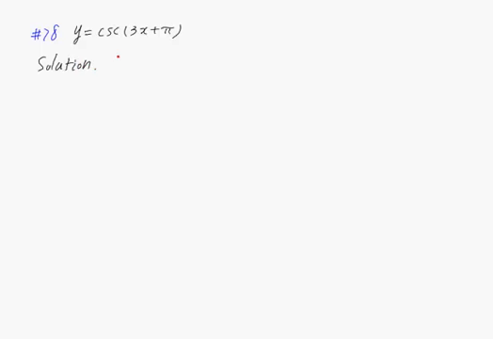And let's first get the period. We know the period of the cosecant function is equal to 2 pi. So the period of cosecant of 3x plus pi is equal to 2 pi divided by the coefficient of x, that is 3. So the period is equal to 2 pi over 3.